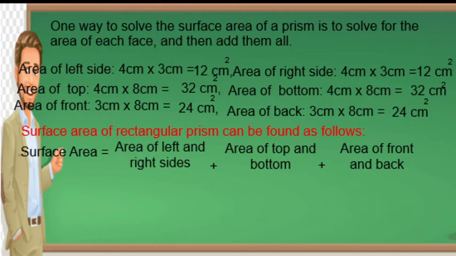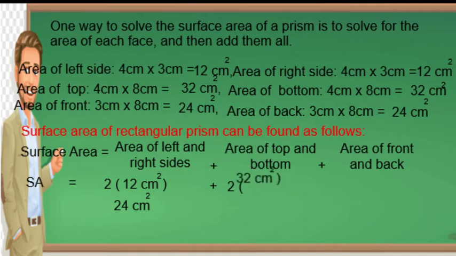And the area of the left and right sides is equal to 2 multiplied by 12 square centimeters, which is equal to 24 square centimeters, plus the area of the top and bottom.